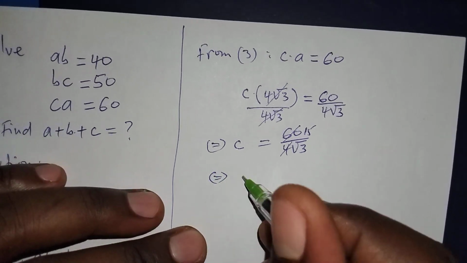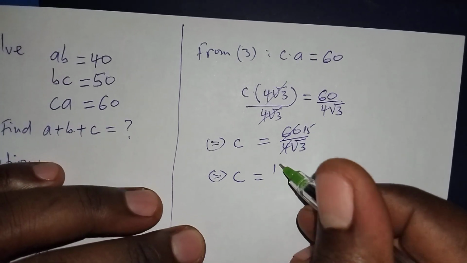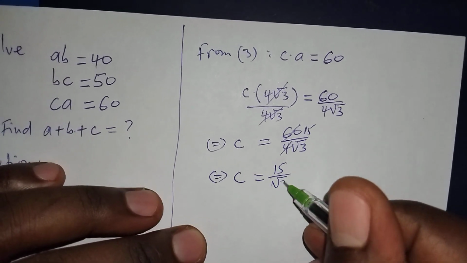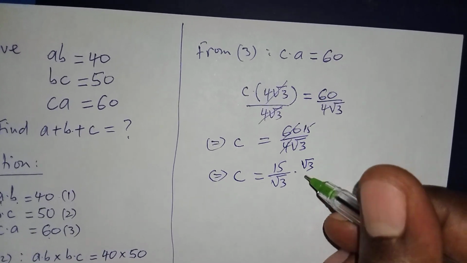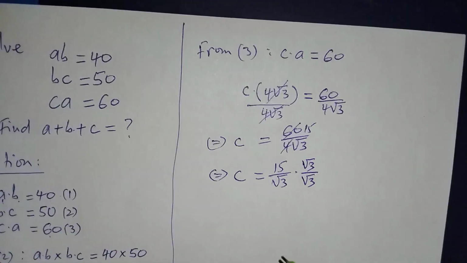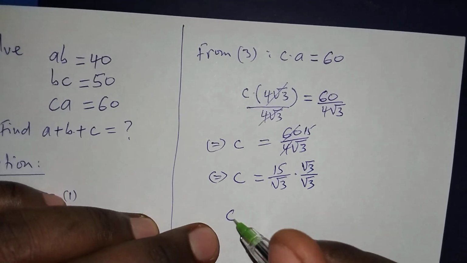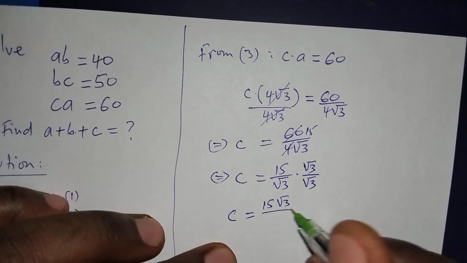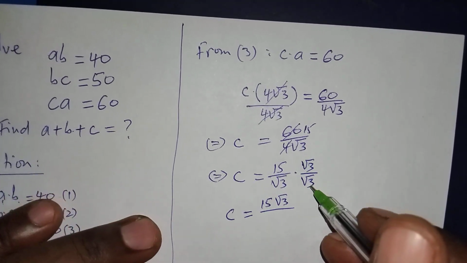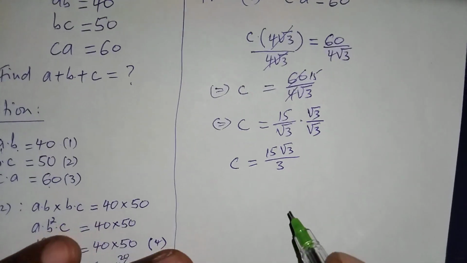So C is equal to 15 over square root of 3. Let's multiply by square root of 3 over square root of 3. Here we have C is equal to 15 square root of 3 over square root of 3 times square root of 3, which is equal to 3.